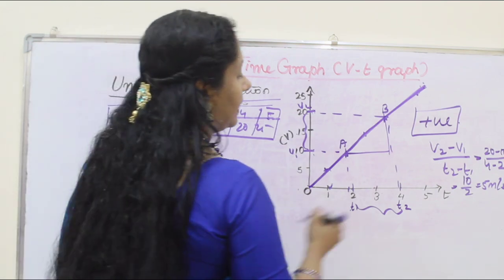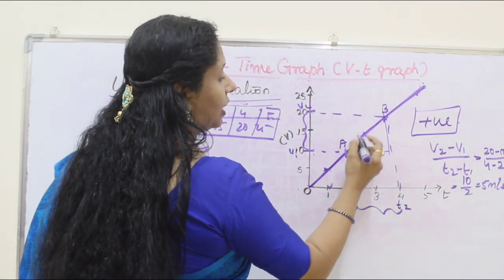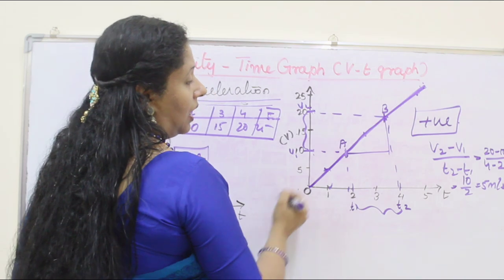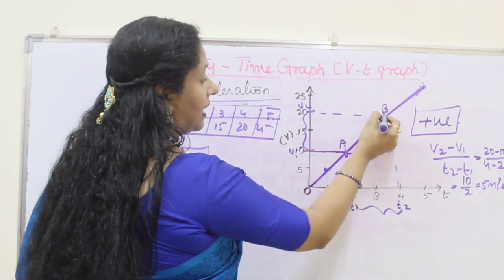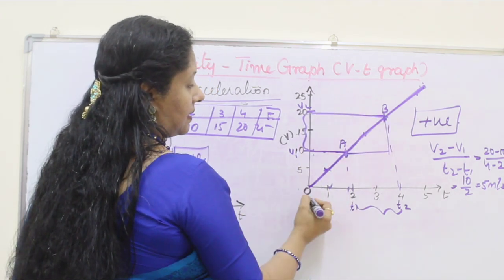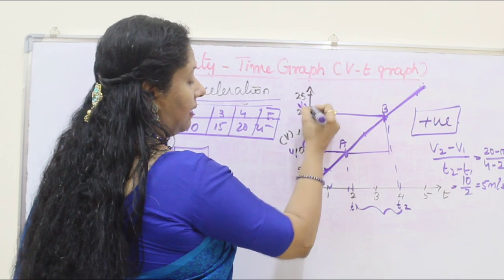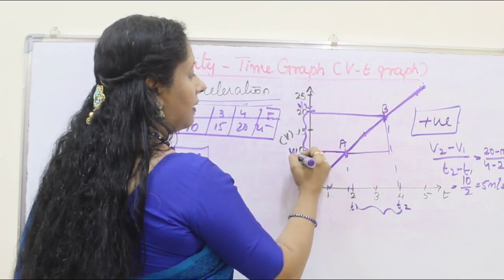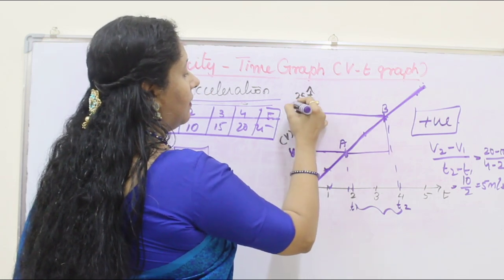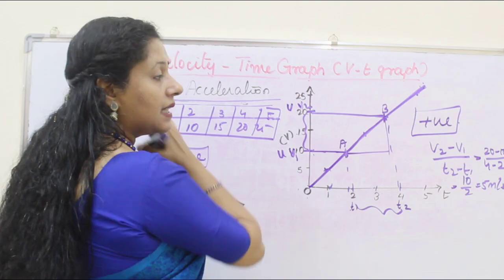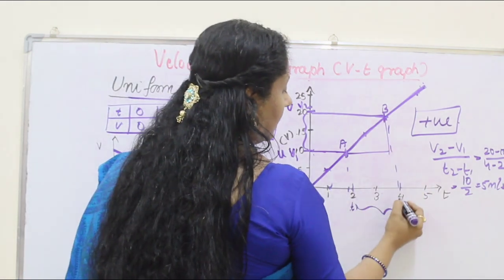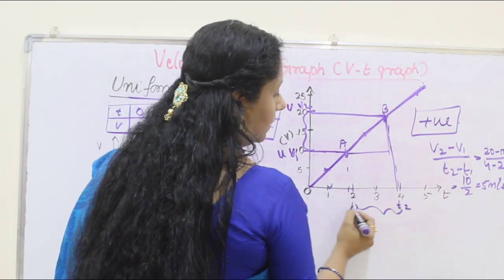So in order to find the slope of the graph, I am considering 2 points A and B, okay, and I am drawing lines connecting it to the x-axis. So this is V2, I am taking final velocity, this is V1, or I can take it as V and U, right? Here this one is T2, this is T1.